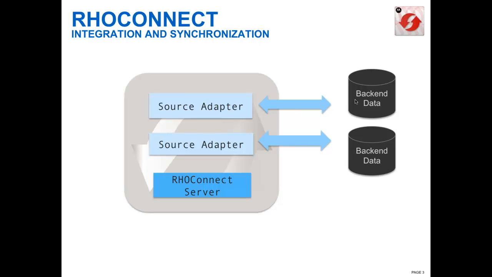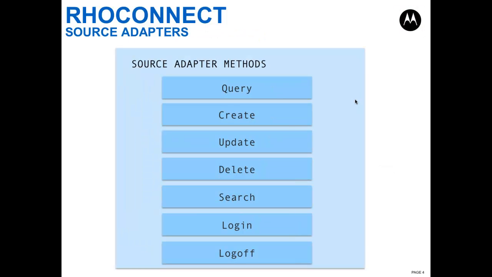So let's look a little bit closer at the RhoConnect server. Again, we're going to be utilizing the source adapter technique for integration today. A source adapter is simply a piece of code that implements a number of methods.